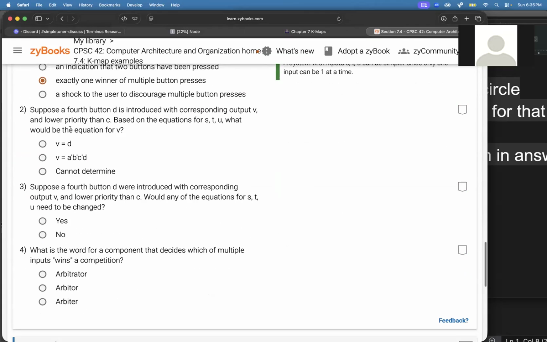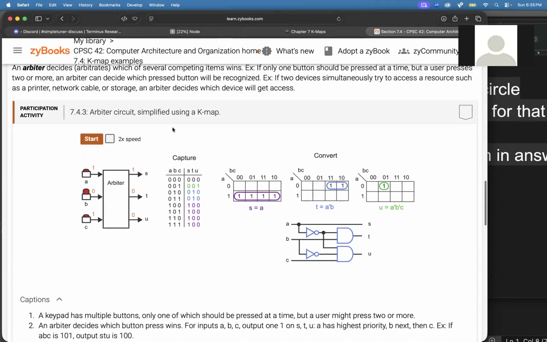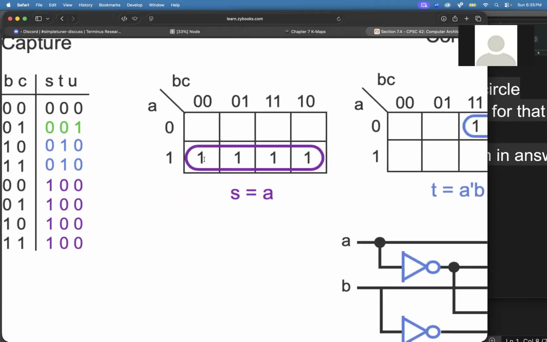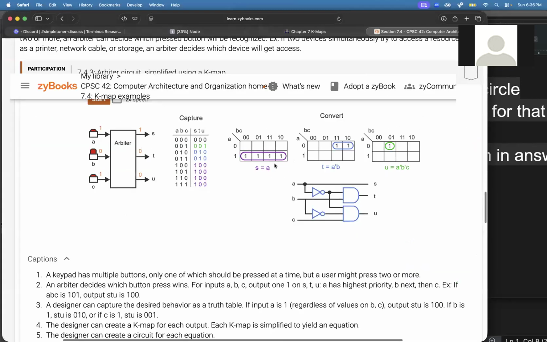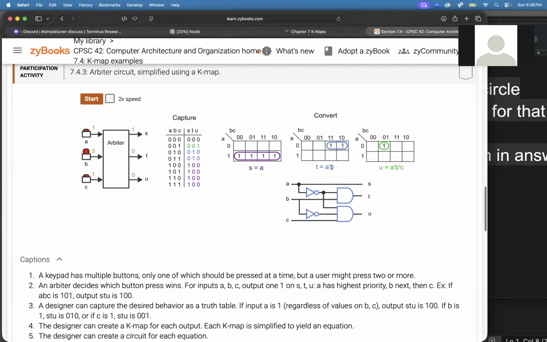I don't like this because it says based on the equations for S, T, and U, where they didn't write an equation for S, T, and U. Oh yeah, they did here. So S was A. So A is the highest priority. So the equation for S, which is corresponding to A, is S equals A.